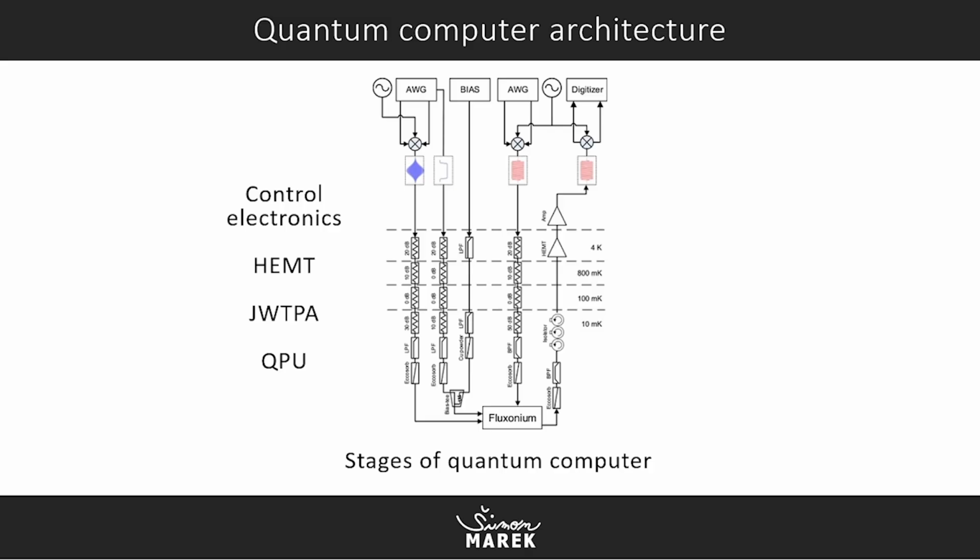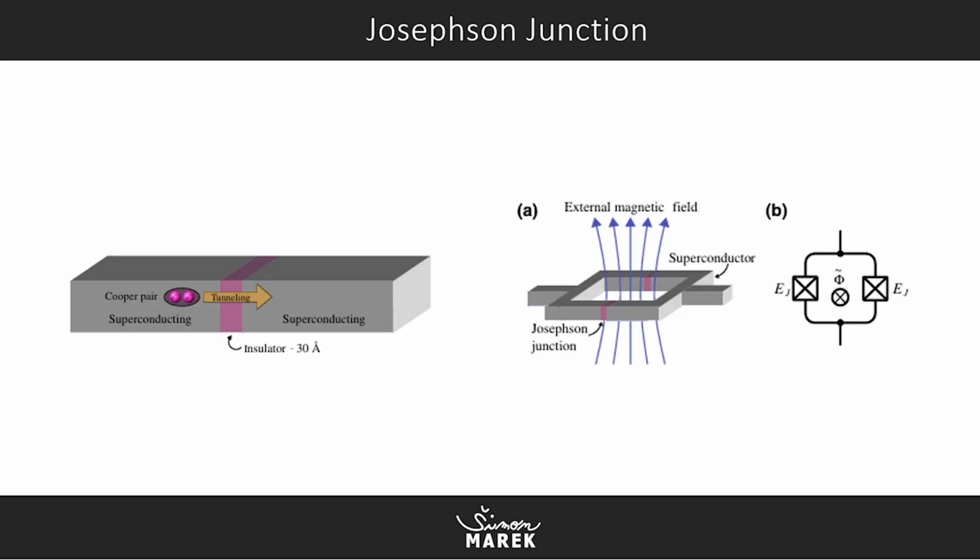This is used to amplify RF signals. Then below this stage, there is finally the QPU stage, where our quantum processor sits. It's around 10 millikelvin.